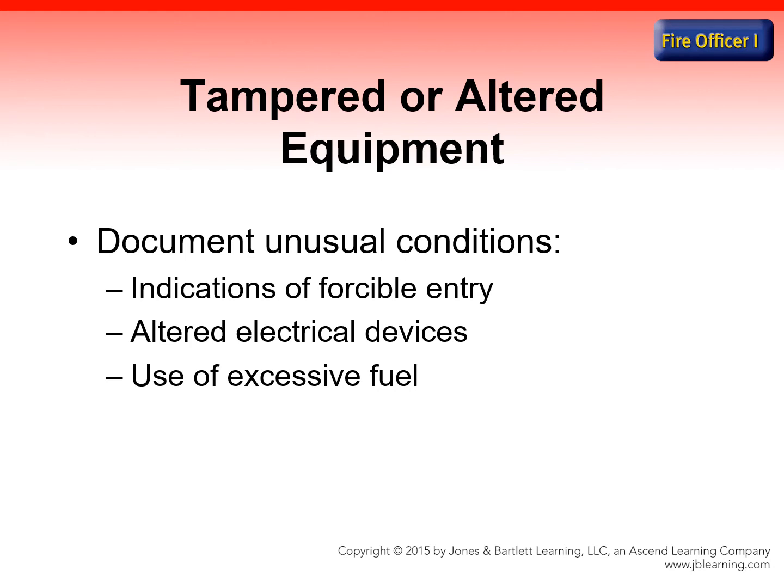Pay attention, remember what you're seeing. Altered electrical devices and the use of excessive fuels. Sometimes we see certain patterns that will clue us in that flammable liquids may have been used. These are the times we suspect criminal or deliberate setting, and so we want to get a fire investigator involved.